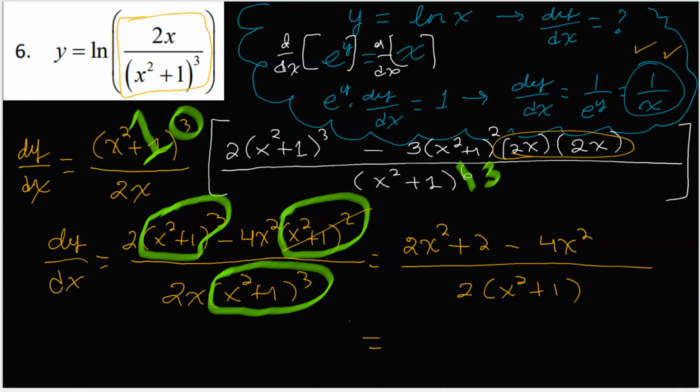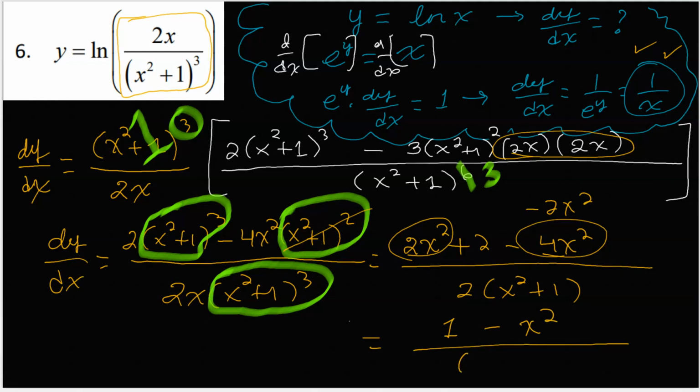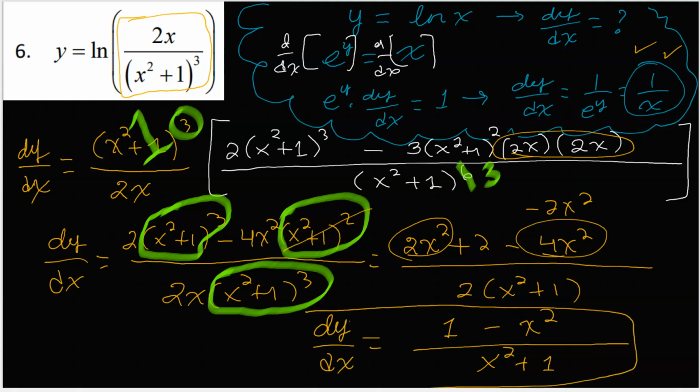So then finally, the answer would be 2x squared minus 4x squared, that is negative 2x squared. There's a 2 on the denominator, so I can divide out the 2 as well. So that would be 1 minus x squared over x squared plus 1 on the denominator. And that is my final answer to dy dx. And that is it for number 6.